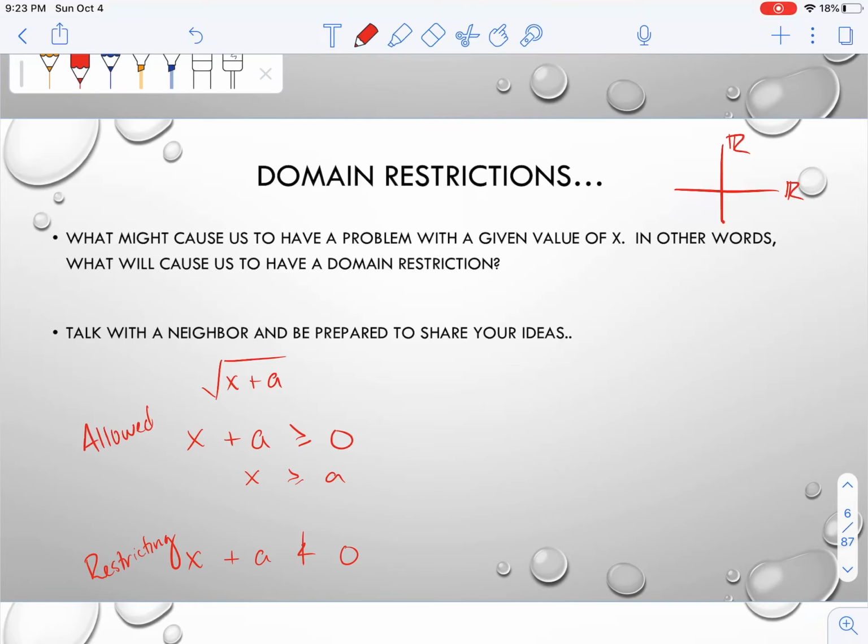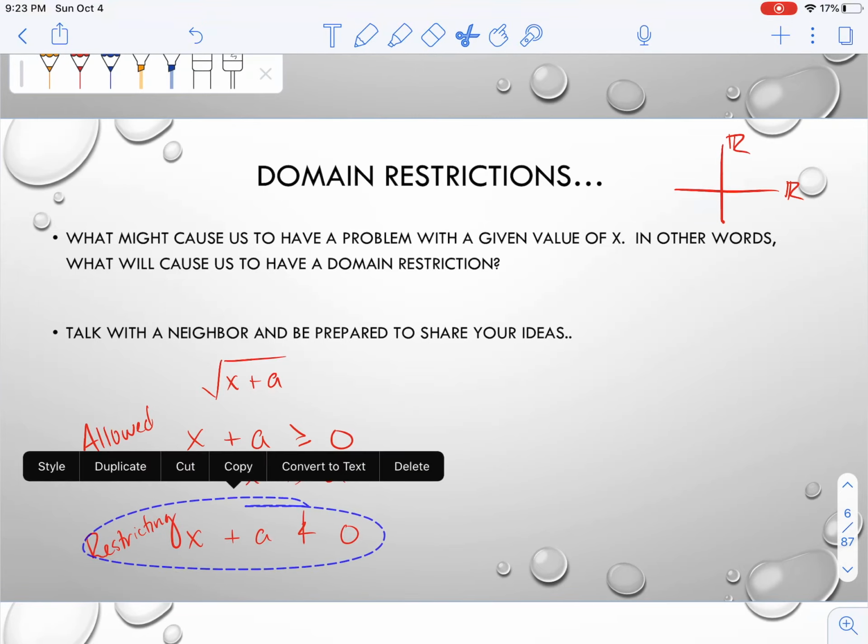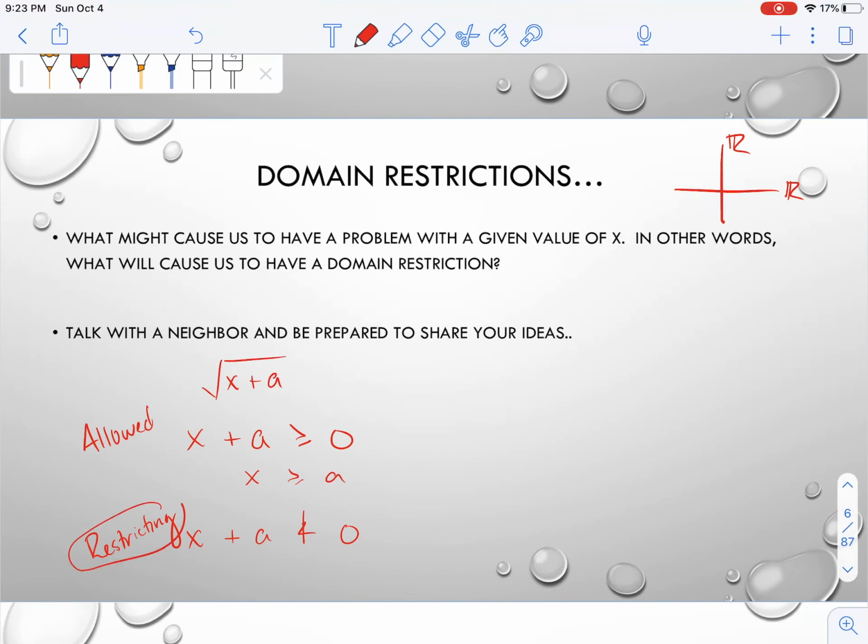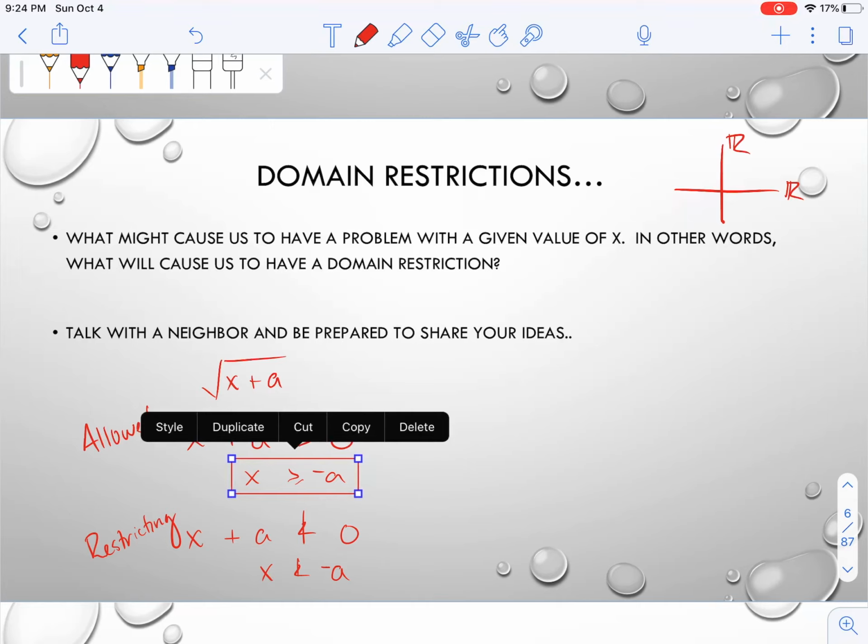If I look at that second example I did here, where I'm restricting it by saying x plus a cannot be less than 0, if I solve it, x could not be less than negative a. And I forgot the negative in the first part there. What I really want is what are my allowed values for the domain. What are we allowed to actually have? So this is going to be more helpful to us.